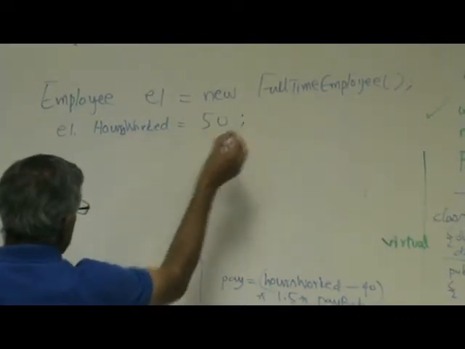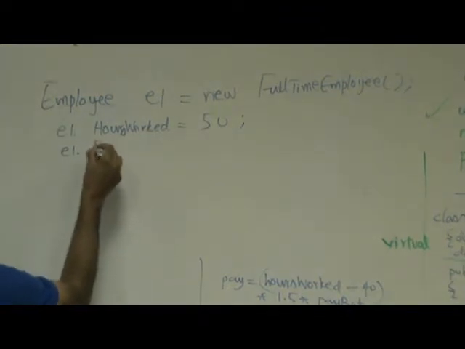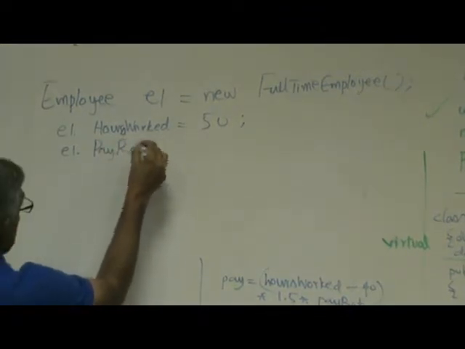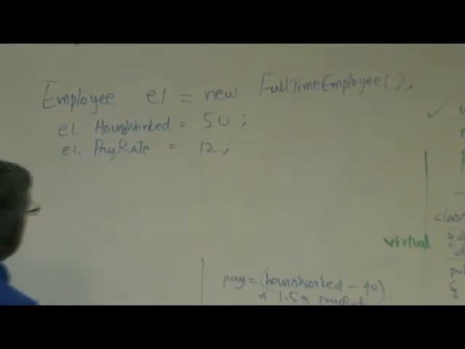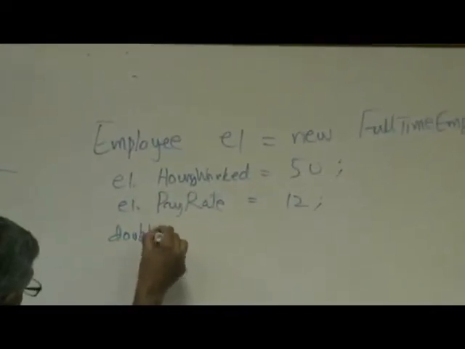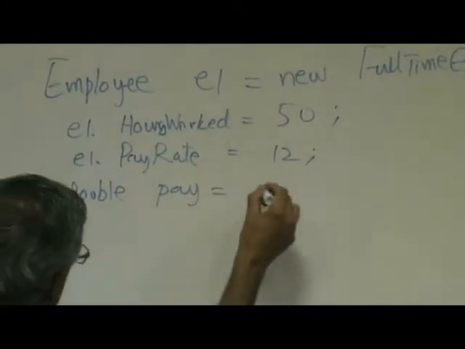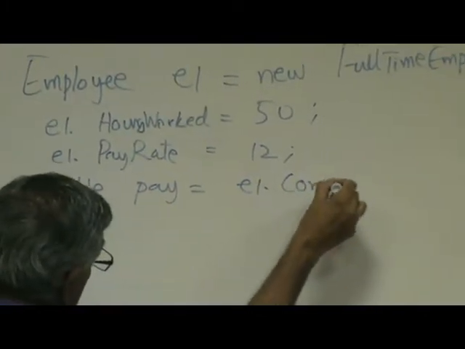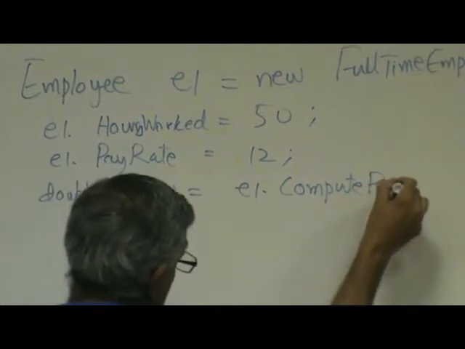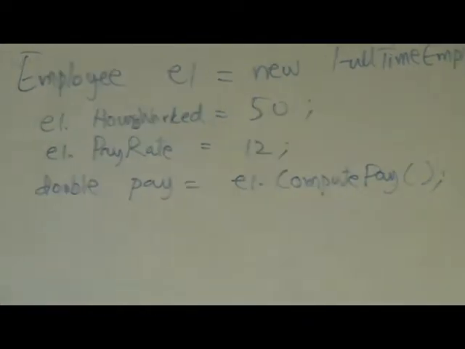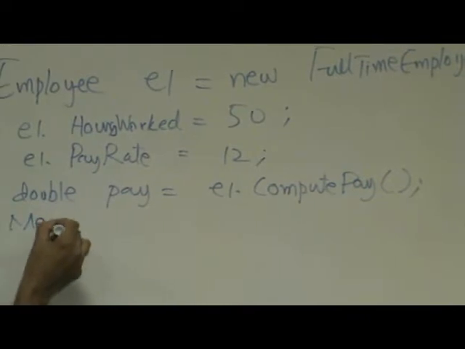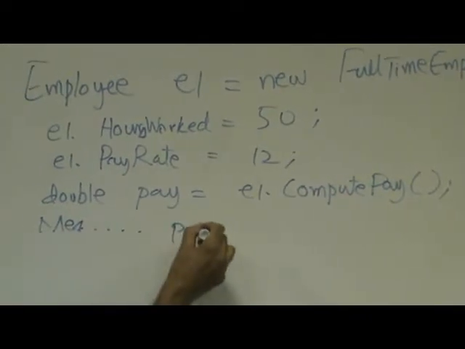Okay, E1.payRate, let's say equal to 12, right? And double pay equal to E1.ComputePay. Okay, and then MessageBox.Show whatever pay.ToString.